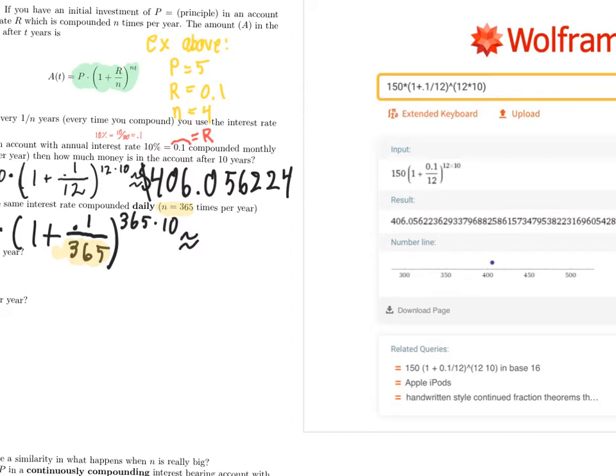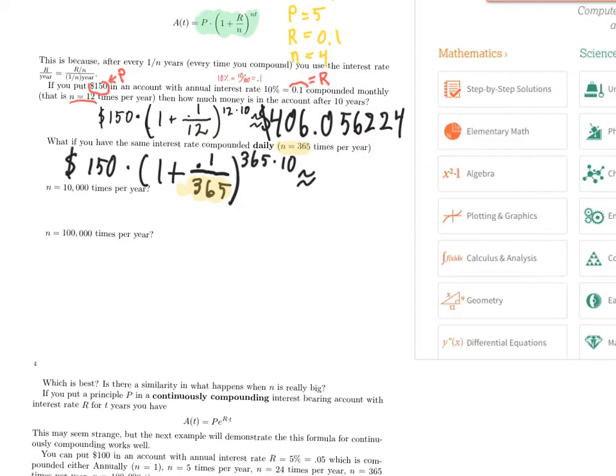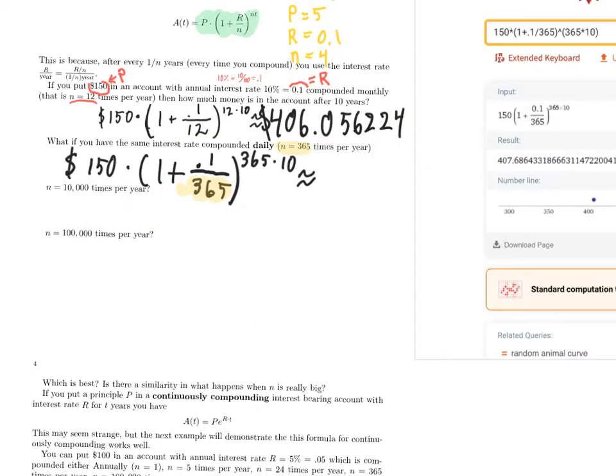Let's do the computation where we've replaced n by 365. Okay, so I entered 150 times 1 plus 0.1 over 365, raised to 365 times 10. There it is in a pretty print format, so it's easier to see that that is what I want.